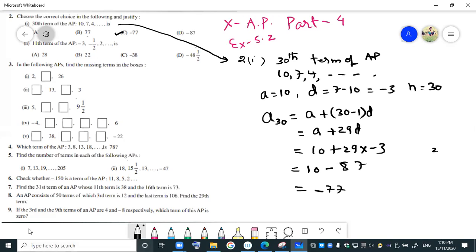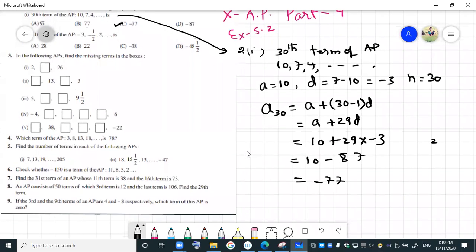Okay. Next question, we have to find the 11th term of the sequence.